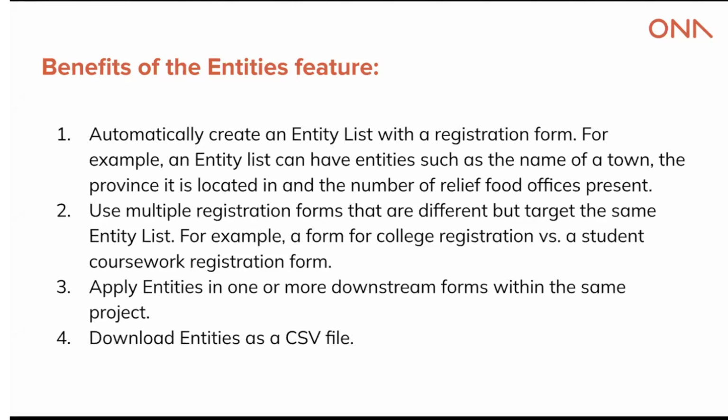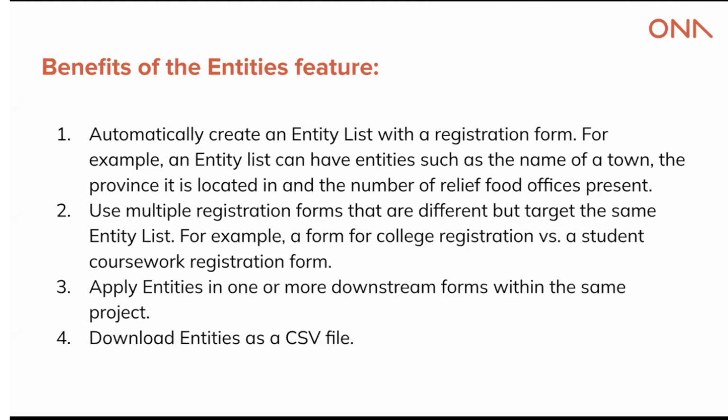So you can be running a project that is monitoring the relief food offices present in a certain location, and you can use an entity list to define some of these properties, such as the name of a town and the province. Then you link this with the relief offices that are present in these locations.